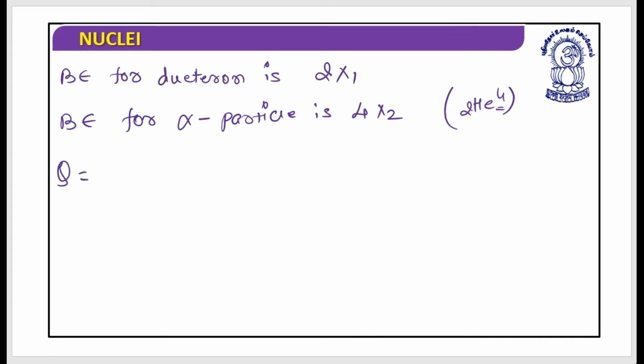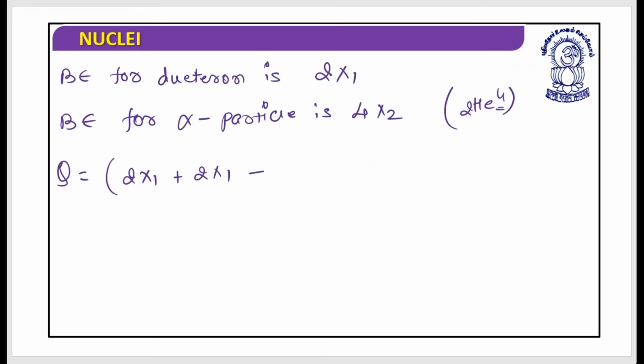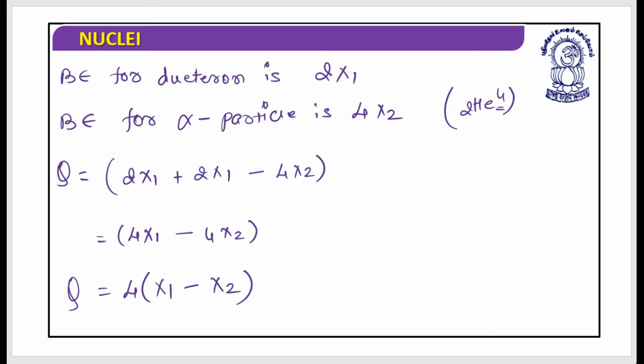So this Q value would be equal to 2x1 plus 2x1, because look at this, this is one deuteron, this is the second deuteron, minus 4 into x2. So this is simply 4x1 minus 4x2, or you can simplify this as 4 into (x1 minus x2). This is the Q value of this kind of reaction. I hope this is clear.